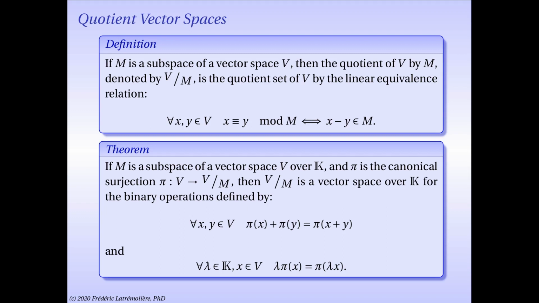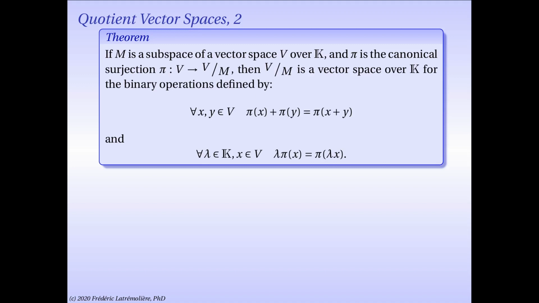But the problem is that in general A is also the equivalence class of some z, and B is also the equivalence class of some w, and now I'm saying that A plus B is also the equivalence class of z plus w. So the question is, are these two possible choices of a sum for the equivalence classes of A and B the same? Are they compatible? And of course we are going to prove that indeed it is the case, so that we have our structure of vector space. So let's do that and prove our theorem.